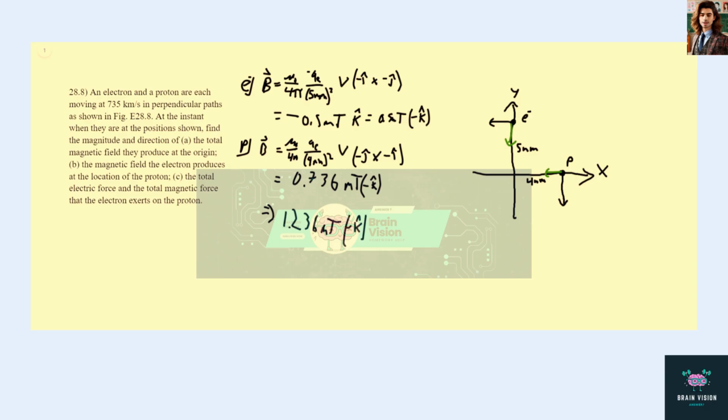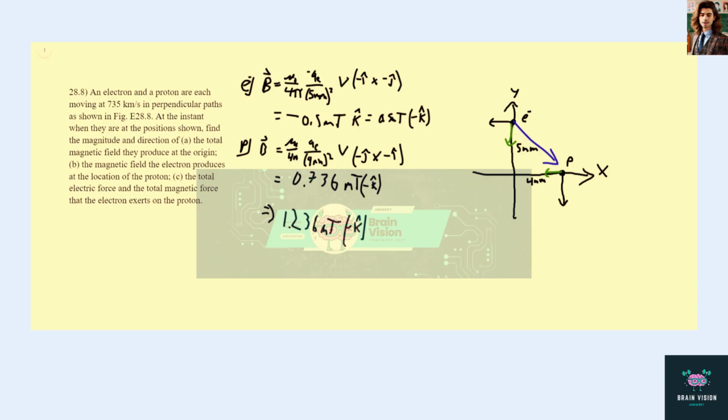Okay, so part B: the magnetic field that the electron produces at the location of the proton. It's a little different. We have to find the magnetic field that the electron causes at an angle. It's not straight perpendicular to its velocity. So this time it's an angle back to the proton. So that's going to change our cross product a little bit.